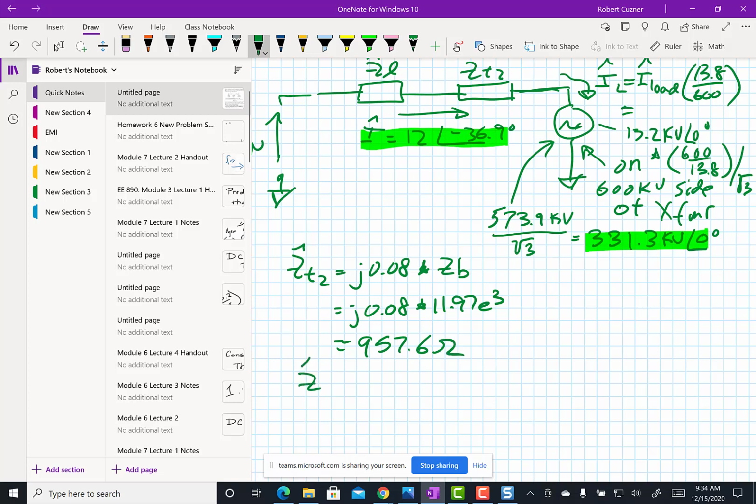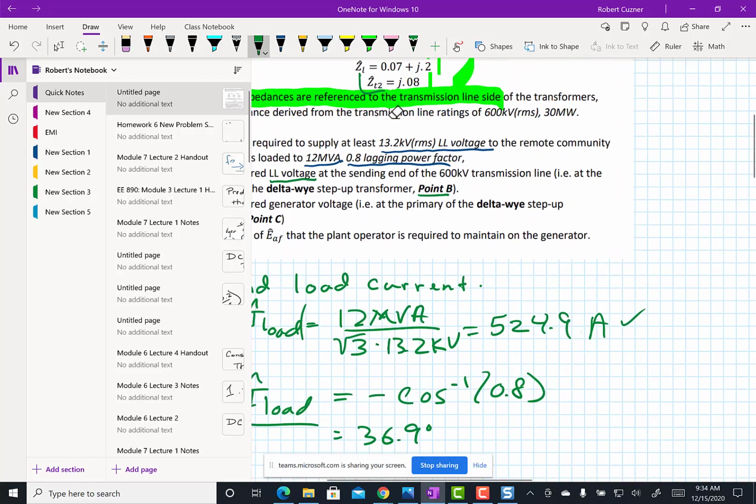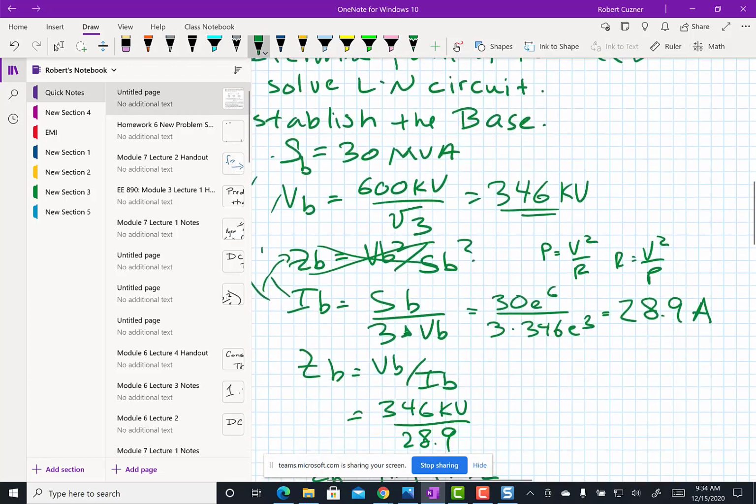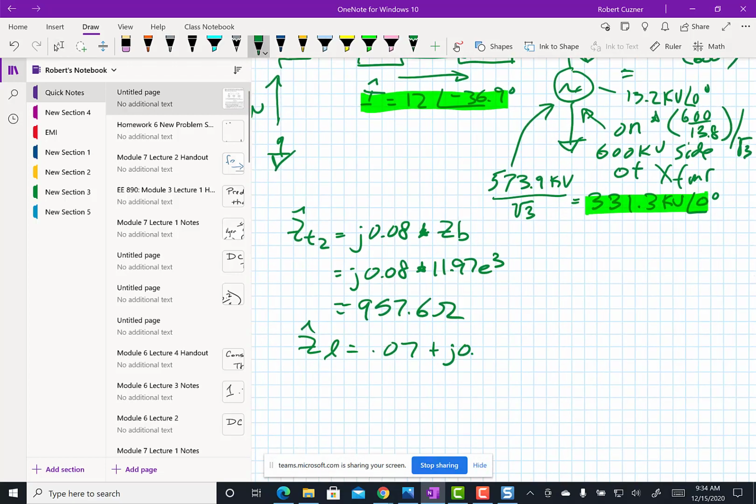And then the transmission line was 0.07 plus j0.2. Mostly reactive, mostly inductive, long line. That is going to be multiplied times 11.97 e to the 3.